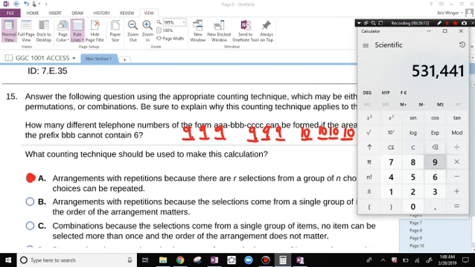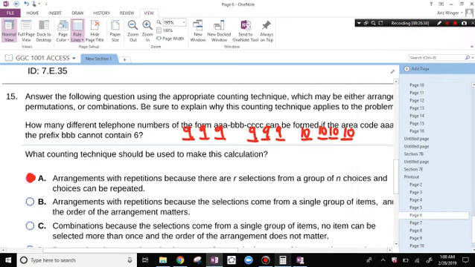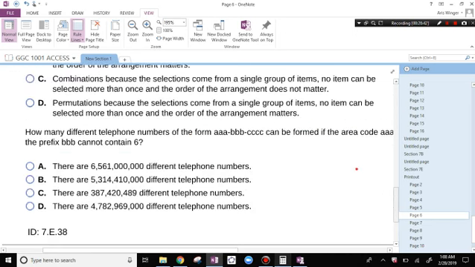Right, and then times, and then I just need to add 4 zeros on that, times 10 times 10 times 10 times 10. That obscene number. And then I would just put that number in. Oh, that number's here. They gave it to us. Sweet.